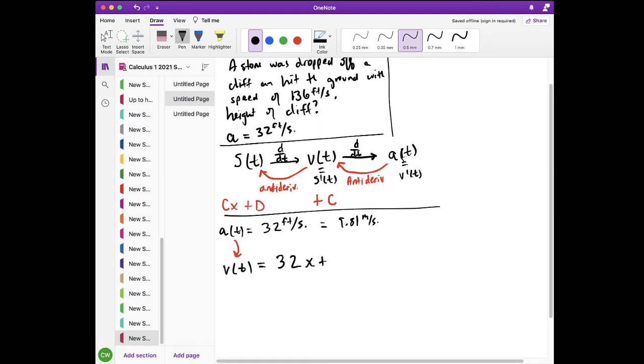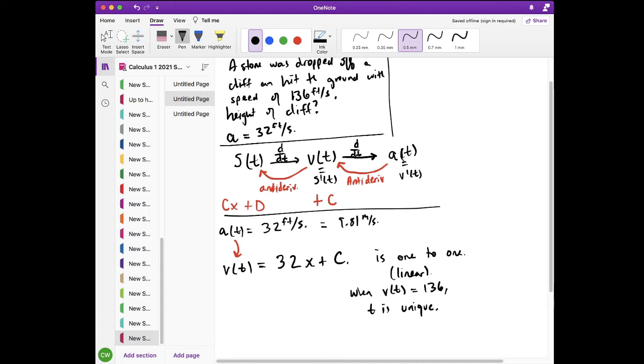32x plus c. Now, look at 32x plus c. Do you agree that it's one-to-one? What kind of graph is 32x plus c? It's linear, yeah. So would you agree that when v of t is equal to 136, t is unique?